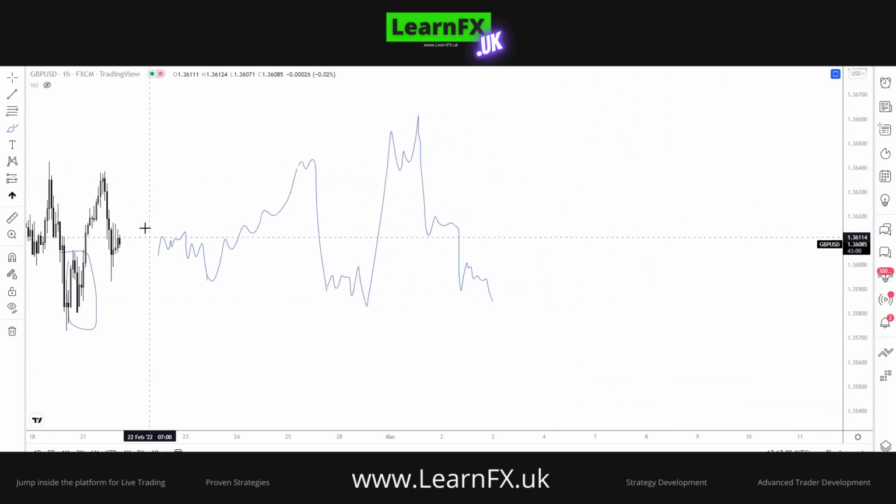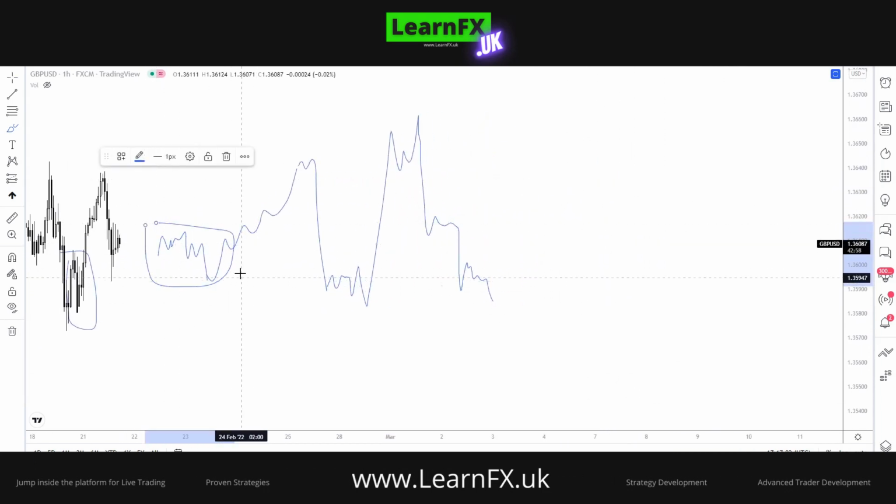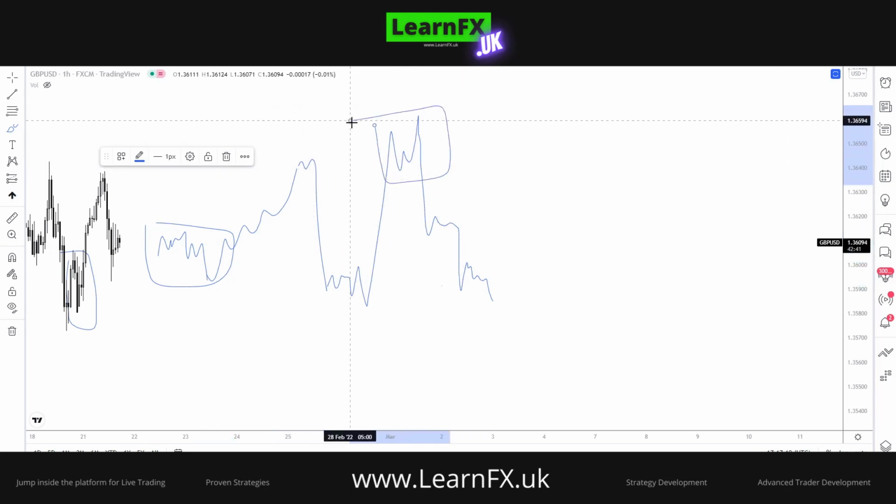So these consolidative areas before our expansion are commonly known as accumulation phases, right? This area where we see the expansion or the trending market is commonly known as a markup phase. Trending down is a markdown. And the areas at the top of our range, before we get the markdown, is called distribution.